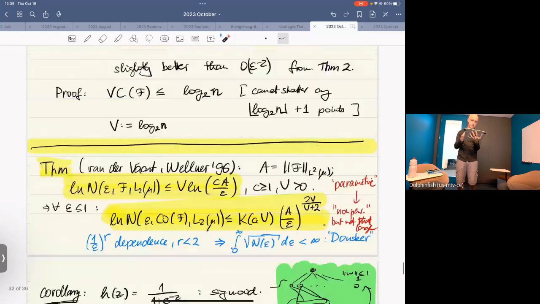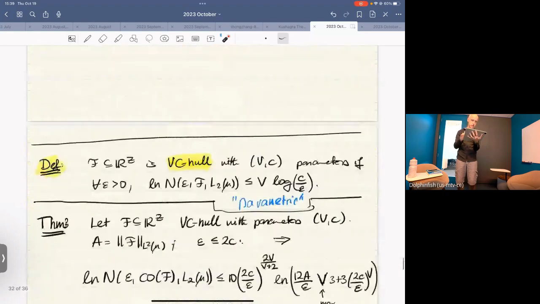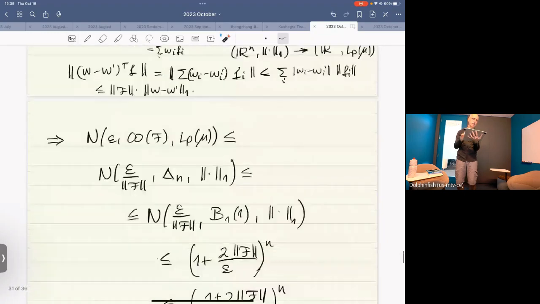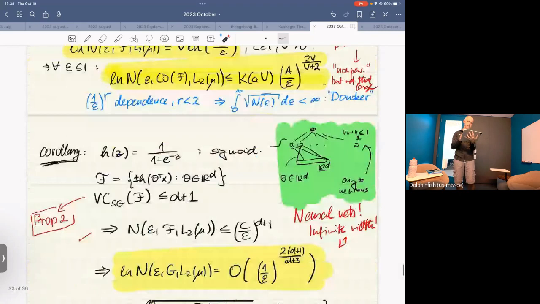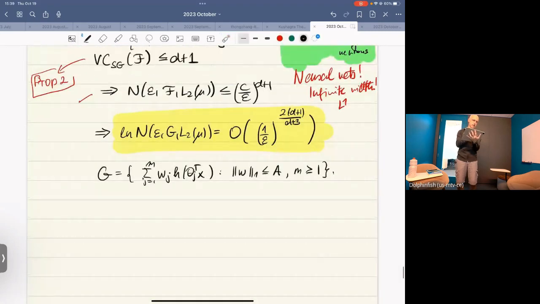And also, the rate that you can get for classes like this, instead of the usual 1 over root n, which is not available because it's still a big class, you can get 1 over n to the 1/4.